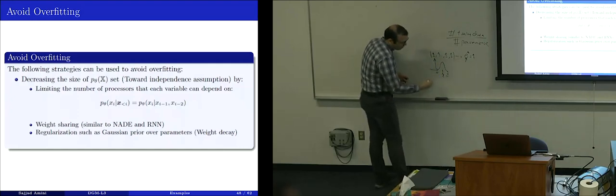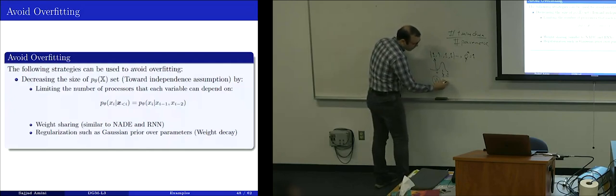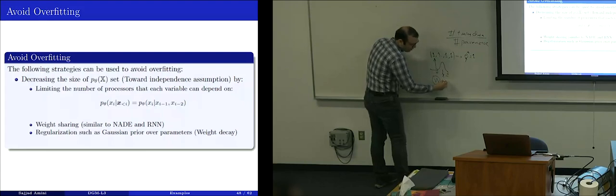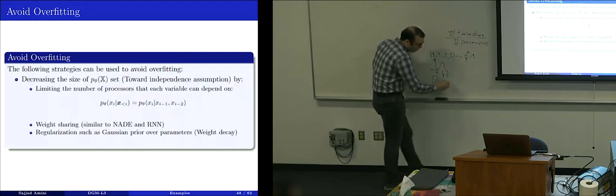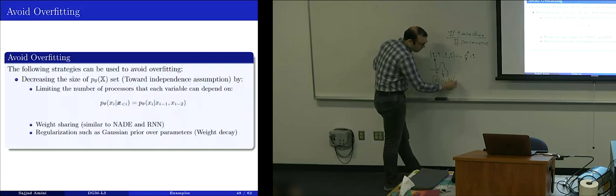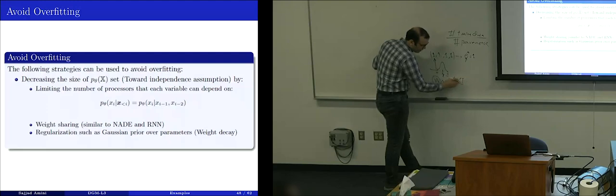Assume that I put the prior of weight decay for this parameter. It means that I assume that it has a Gaussian distribution, normal distribution with mean 0 and sigma 2 variance.